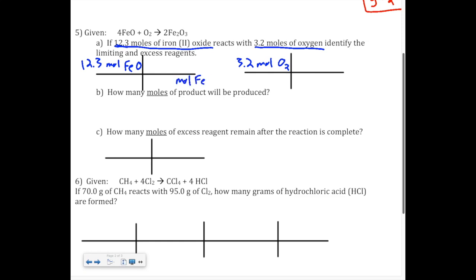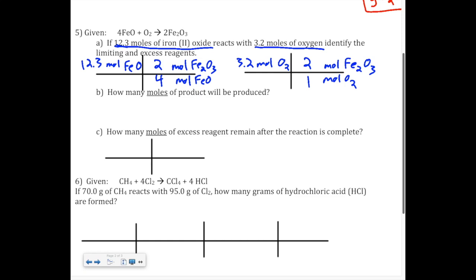So convert moles of FeO to moles of Fe2O3, and convert moles of oxygen to moles of Fe2O3. Use the coefficients in the equation to figure out these numbers. This is going to be a 2, this is going to be a 4, this is going to be a 2, this is going to be a 1.